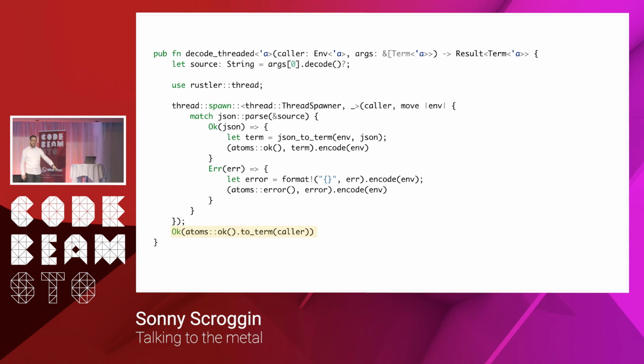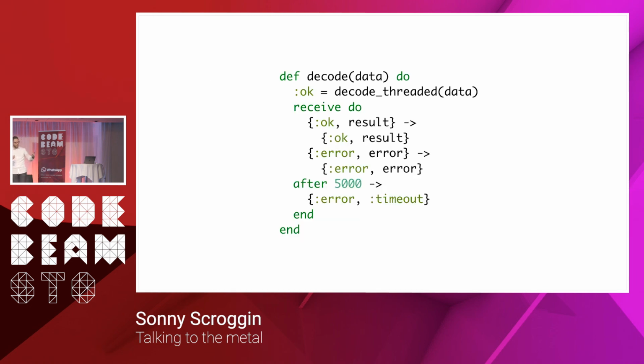And we're returning immediately to the caller. So the caller gets an OK atom in this case, and then it just waits in a receive block for the result. So this is the decode function on the Elixir side. We call decode threaded, we get an OK value back, and then we wait in a receive block. And if we get an OK result, then we're good. If we get an error, we pass the error, and then we can set a timeout if we want. After five seconds, we just return error timeout.